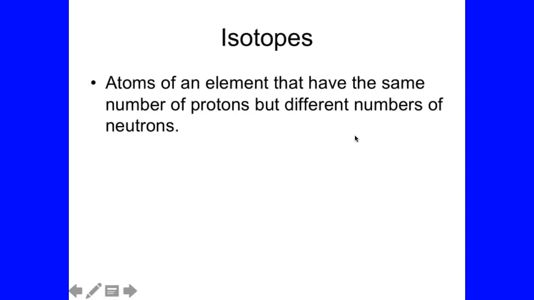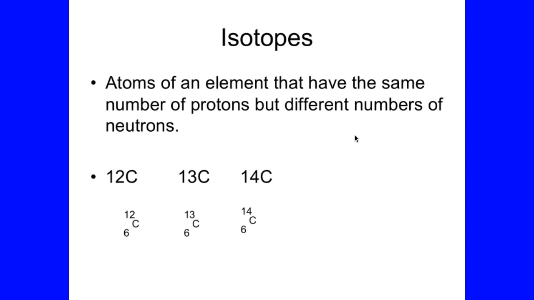And isotopes. Remember we mentioned this a little while back ago. So basically an isotope is an element that's going to have the same number of protons but a different number of neutrons. So a good example of this is carbon. Right here you see carbon 12. This one, the proton number is 6, but the actual atomic mass is 12.